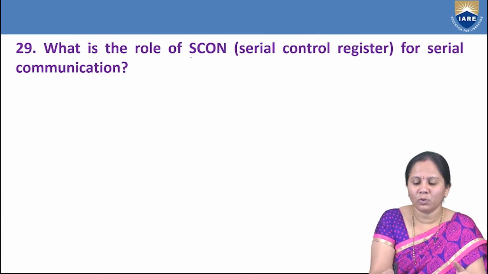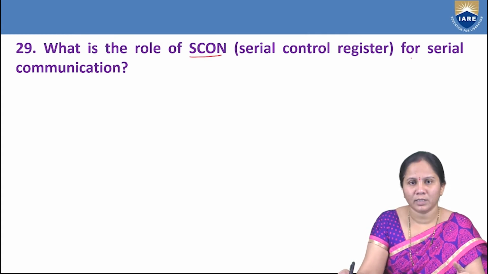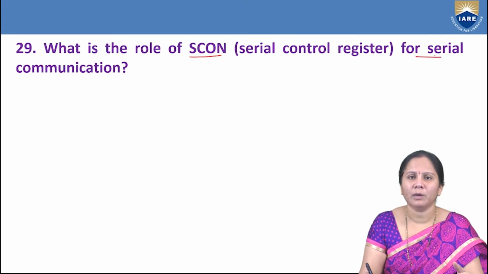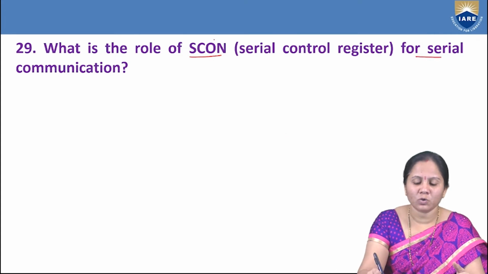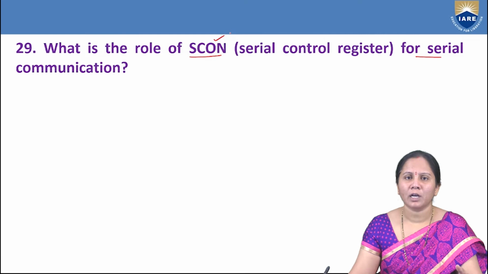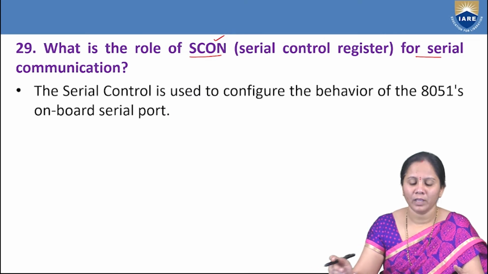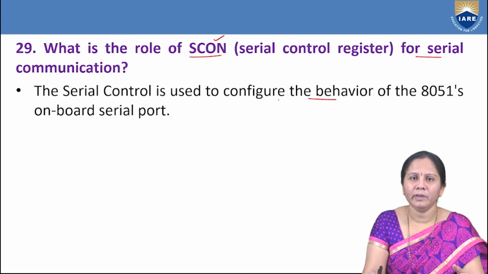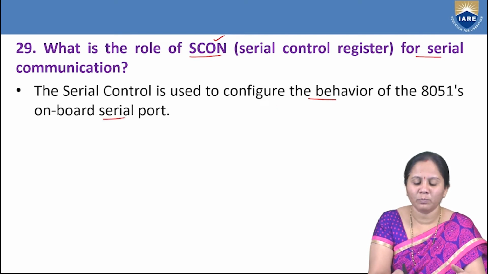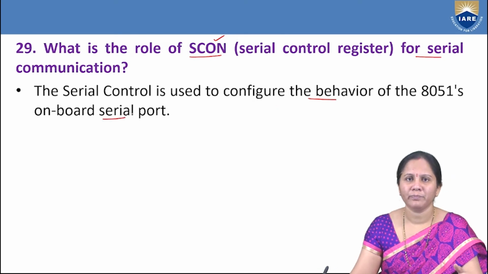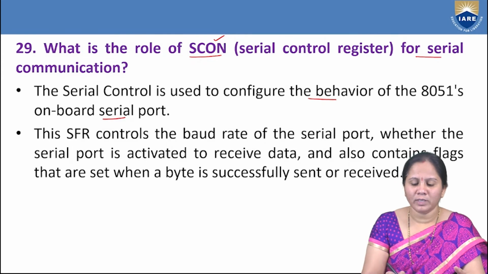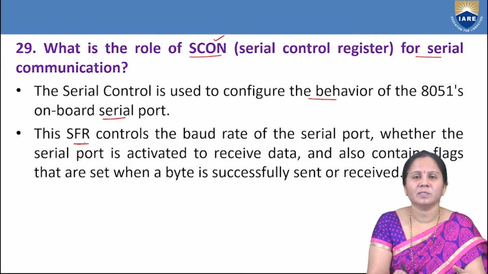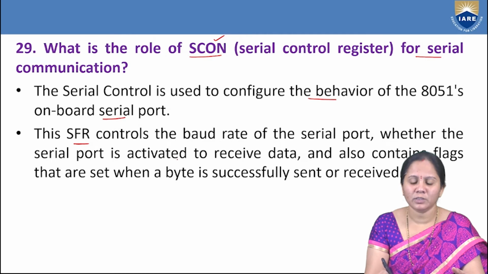Next, what is the role of the SCON register for serial communication? Here SCON stands for serial control. The serial control is used to configure the behavior of the 8051 onboard serial port. SCON is a special function register.